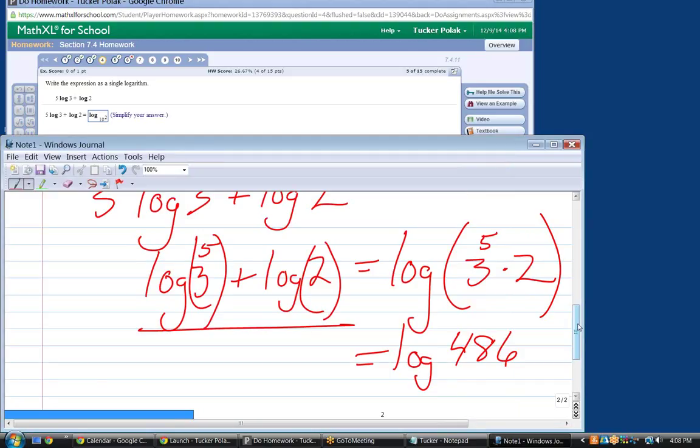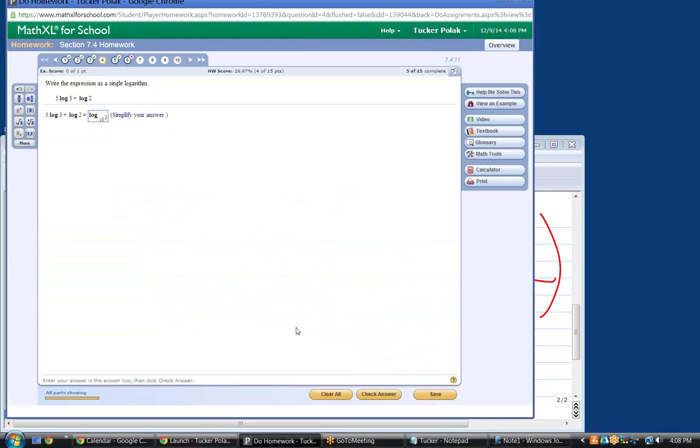Should be 81 times 6. Okay, that is right. 81 times 6. Yeah, that's 486. Okay, sorry. That should work. See why I didn't need to specify base 10? Yeah. Okay.